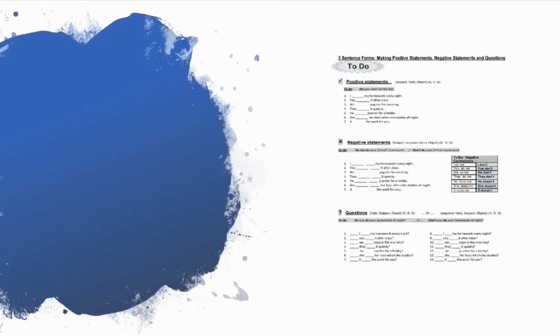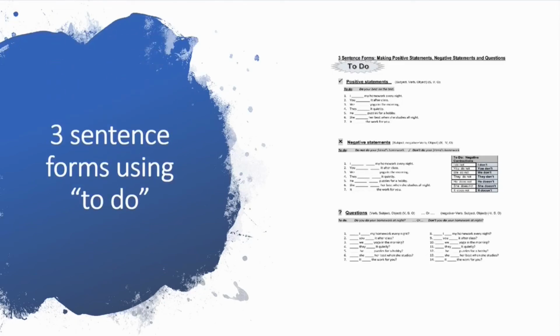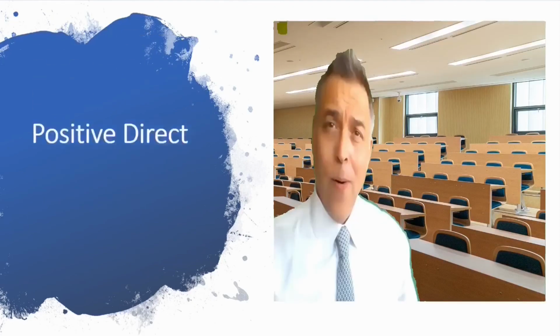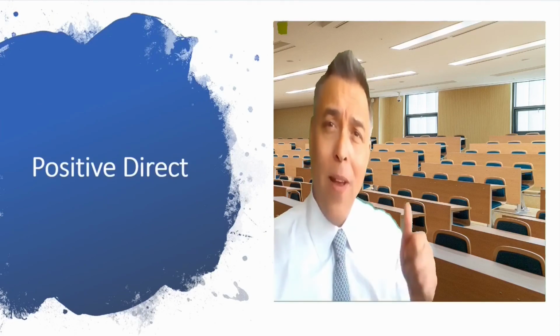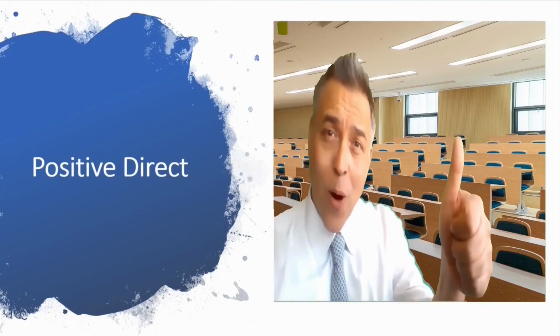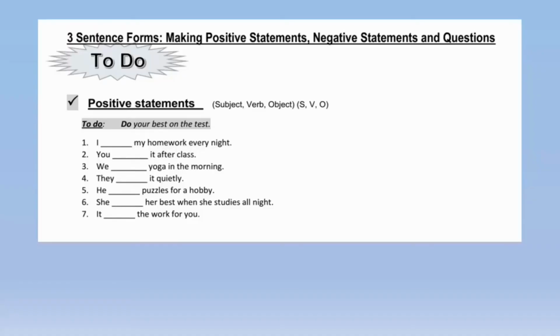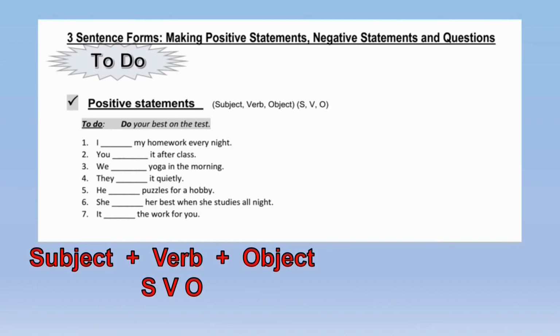Three sentence forms using the important verb to do. Let's look at the worksheet together in parts. Right now, let's talk about the direct positive form. Direct positive statements of the verb to do have the structure of a simple sentence: subject, verb, object.